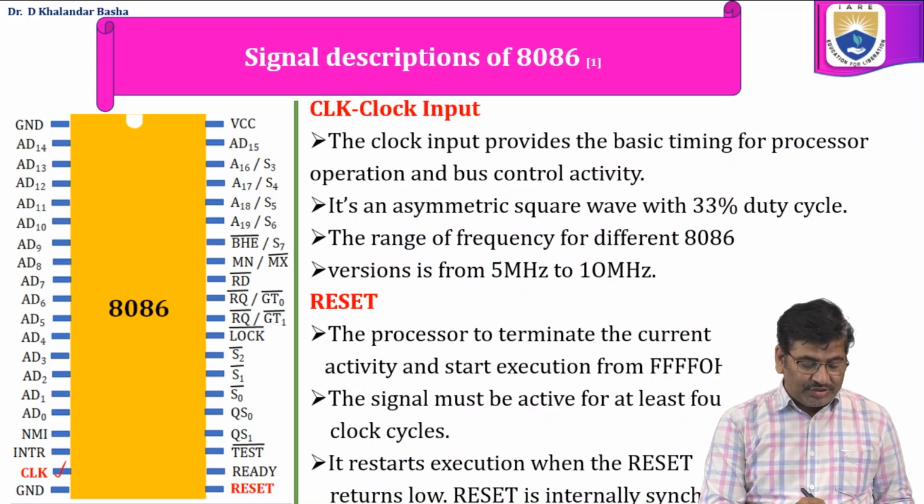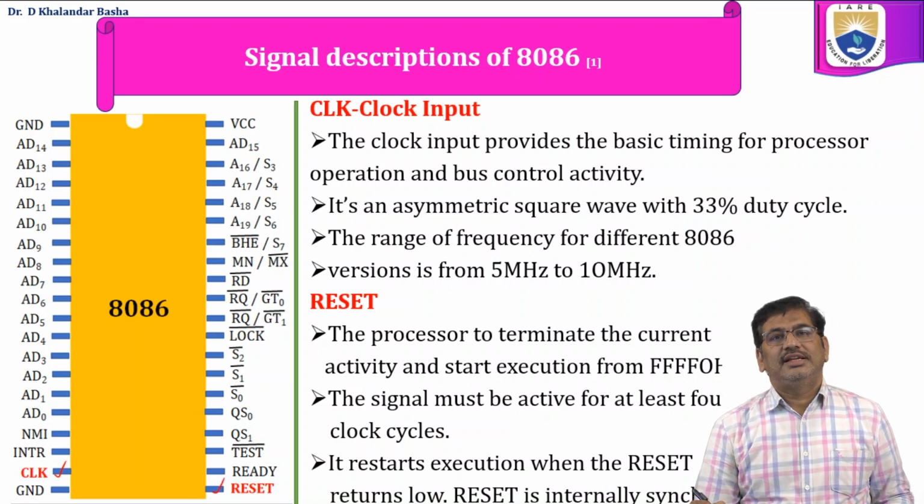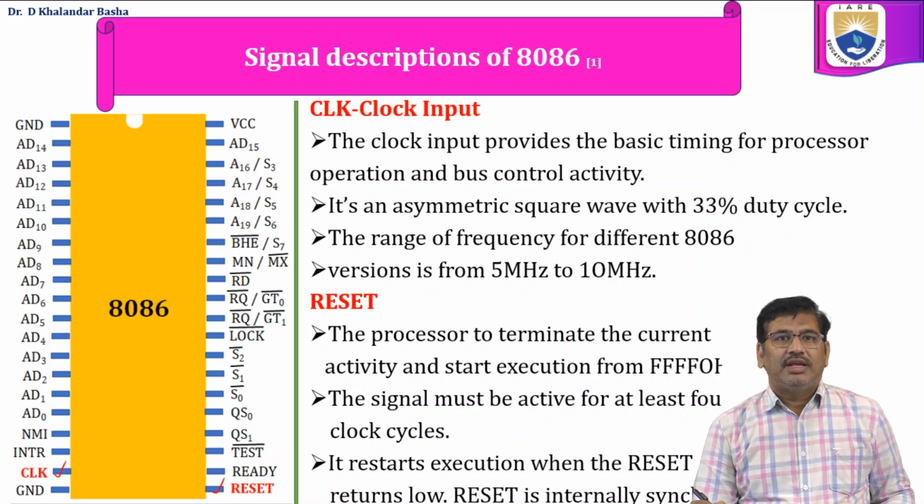The second signal we are going to discuss is the reset signal. It causes the processor to terminate the current activity and start execution from FFFF0H. So out of 1 MB of memory, whenever the system is reset, the program which exists at the address FFFF0H will be executed.